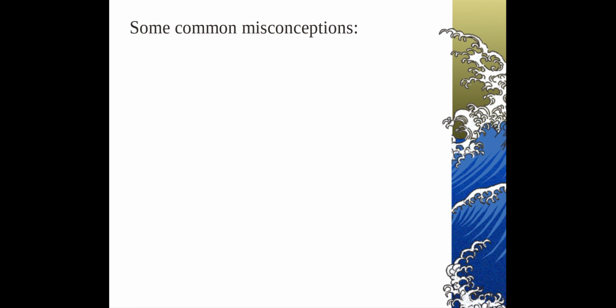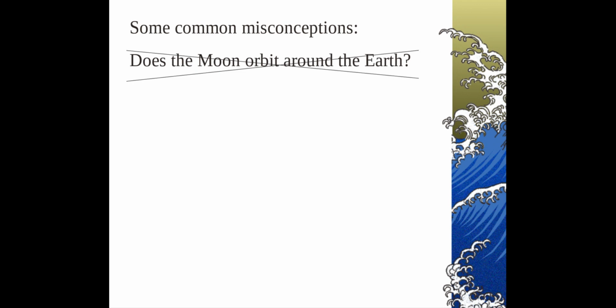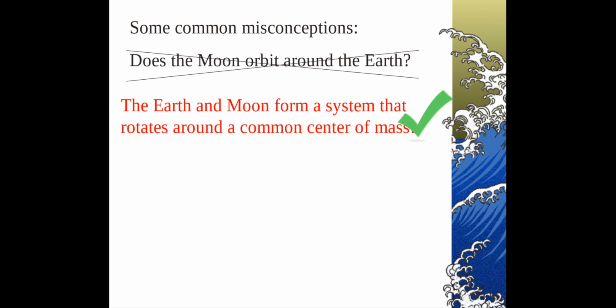There are a lot of misconceptions about what causes tides. So let's look at some of this. Does the moon orbit around the Earth? No, it does not. The Earth and the moon are a system, and it rotates around a common center of mass that happens to be inside the Earth.